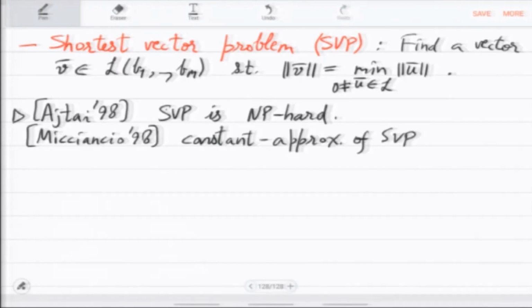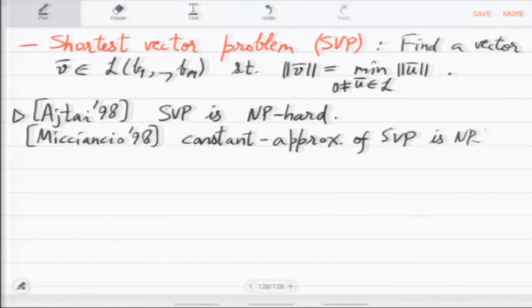In particular he showed that if you want a vector that is at most square root 2 times the shortest vector, so an approximately shortest vector, that is also NP-hard. So this settles the inapproximability of SVP. Not only is it NP-hard to compute exactly, you cannot even approximate it.